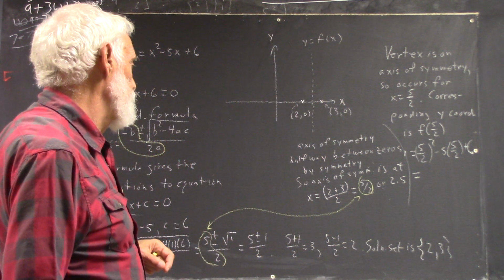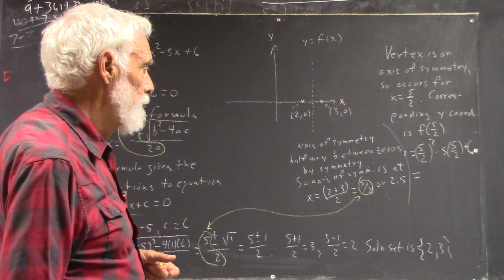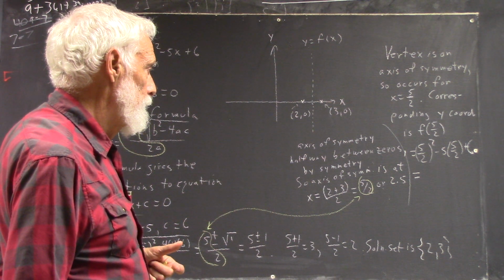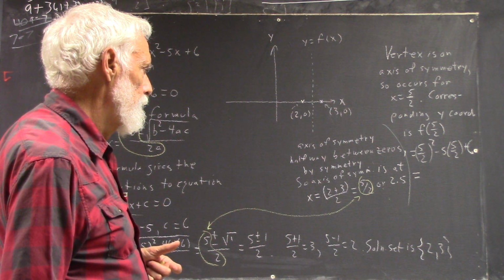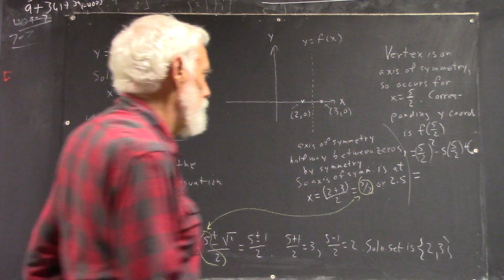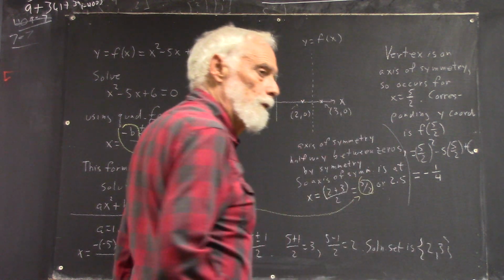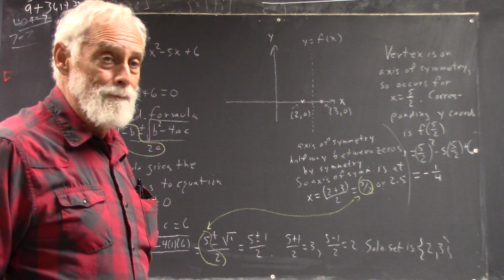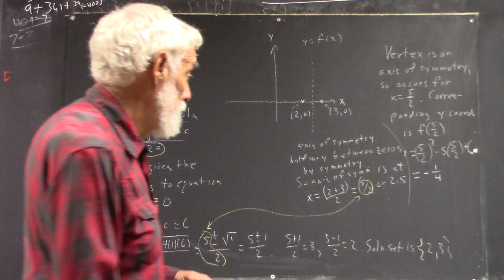And I believe that's 25/4 minus 25/2 plus 6, which is negative 1/4. Now that's just like what you saw in class last time, if you were here, or on the videos. Just on the videos.